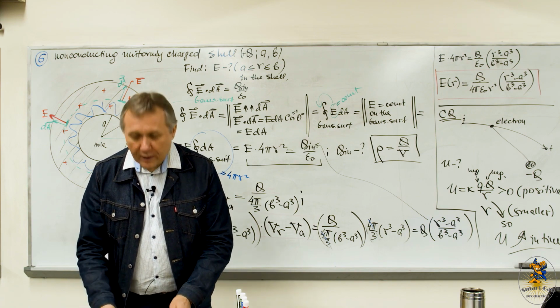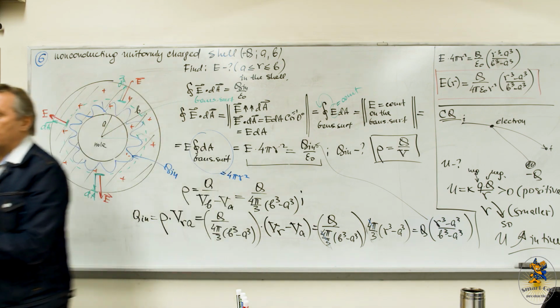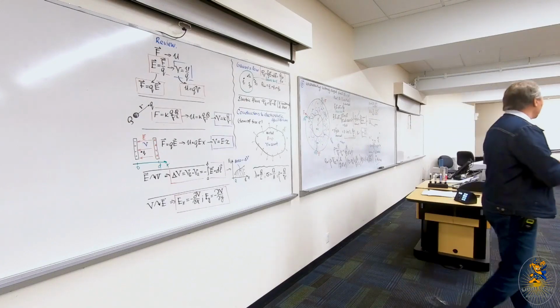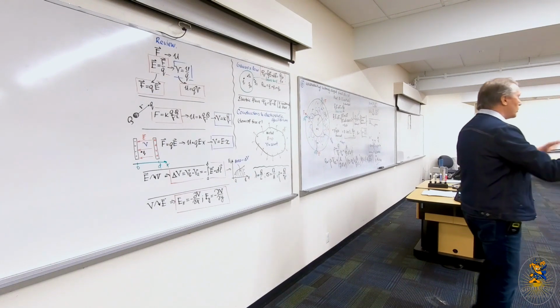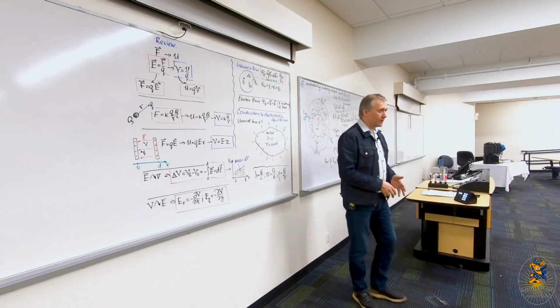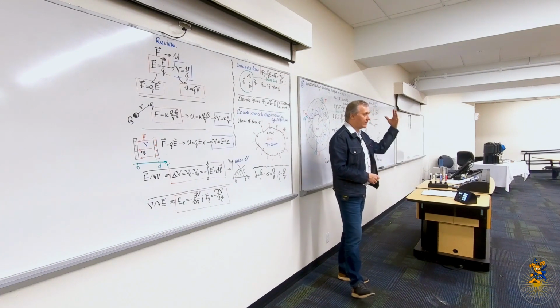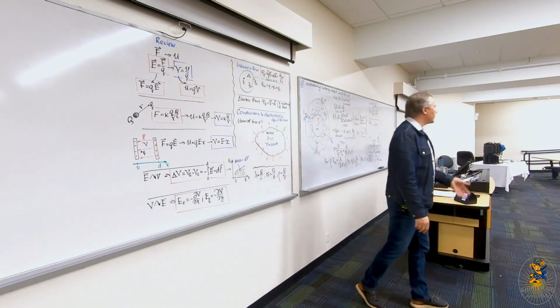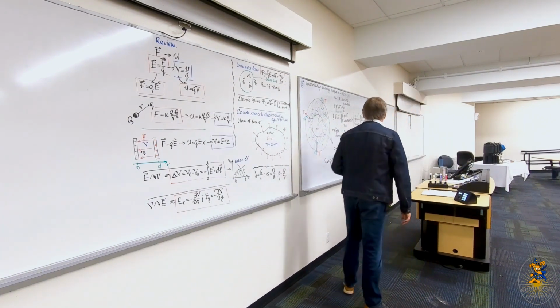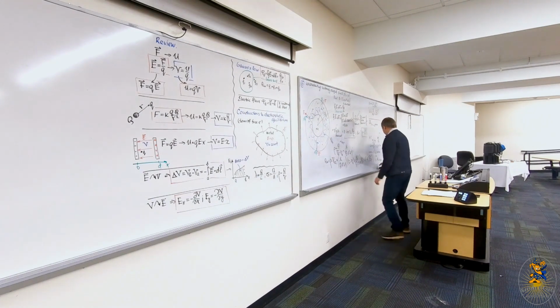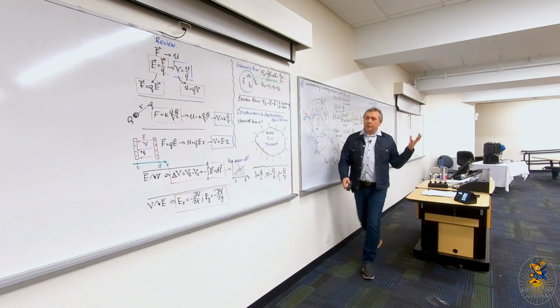All right, so next, let's solve problems about motion of charges in a uniform or non-uniform electric field. You remember we solved problems like this, finding velocity, position, traveling time. Let's refresh that. And of course, there will be two problems.